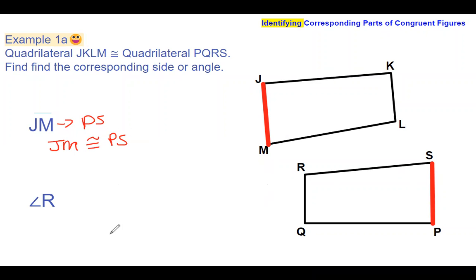Now, let's go ahead and do the same for angle R. Angle R is where? Down here. And angle R is corresponding to what angle? Go ahead and tell your neighbor what angle it's corresponding to. Your neighbor should know.